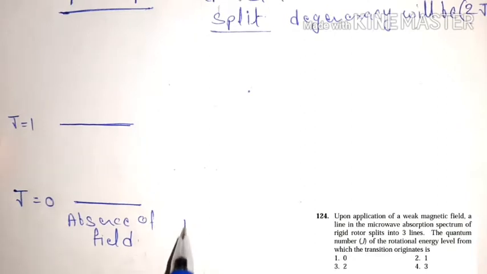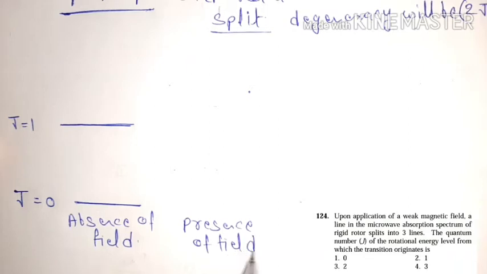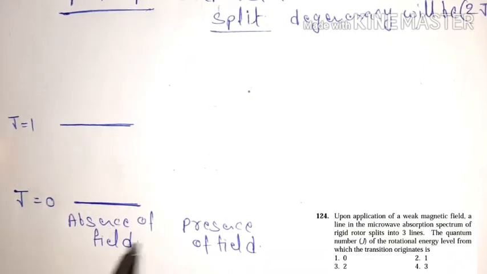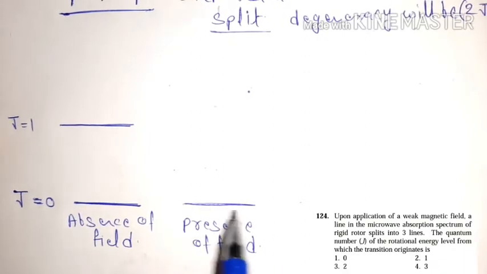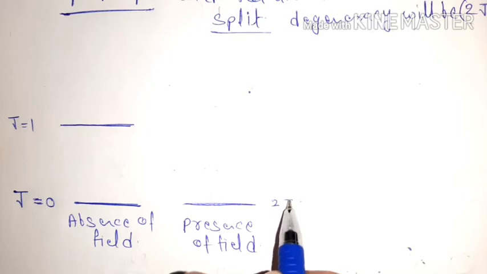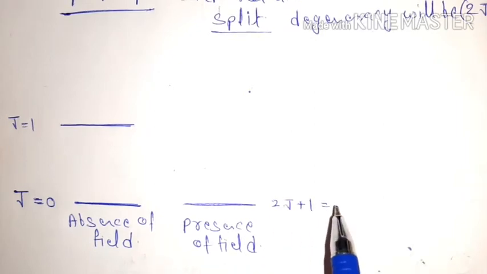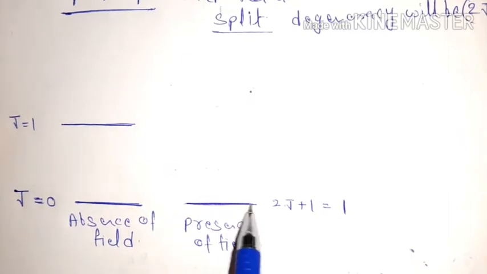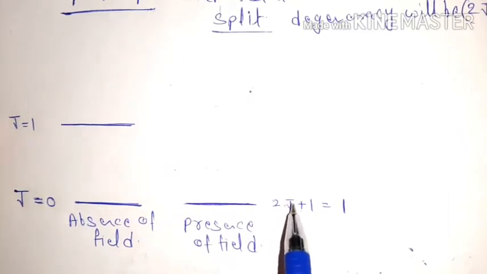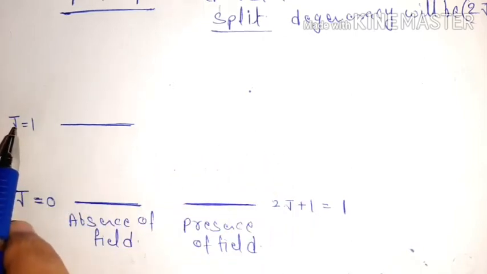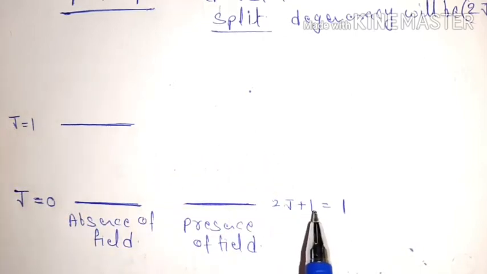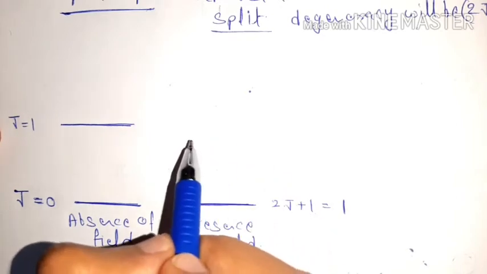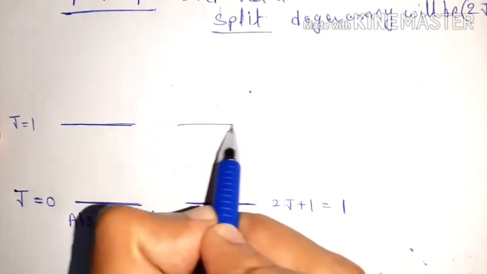So in the presence of a field, the energy level associated with j equals 0 will not be split. Why? Because according to 2j plus 1, the value of degeneracy will be 1, so it can't be split because j equals 0. But when you place j equals 1, the value of 2j plus 1 is 3, so it will be split into 3 states.